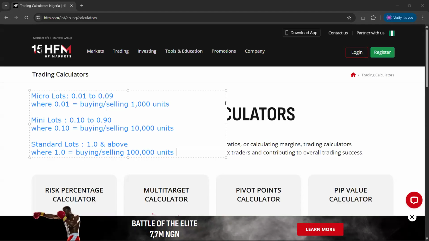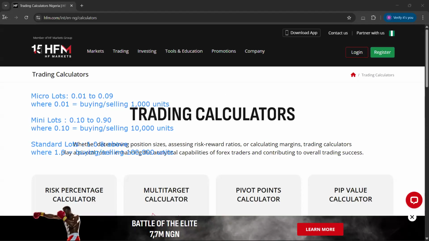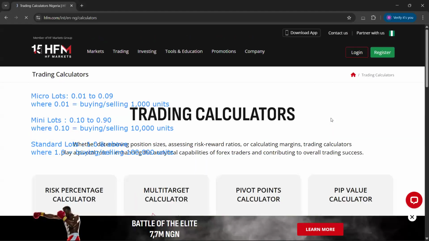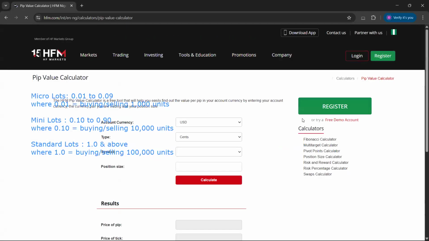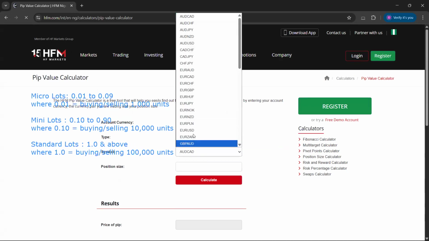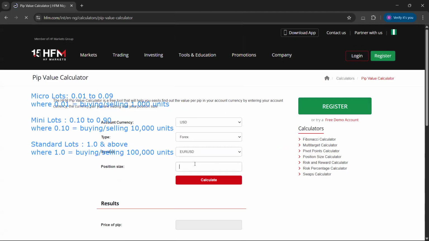And if you look at this particular calculator that we have on the company's website right here, the pip value calculator, it helps you to calculate how much you would be winning or losing on every instrument that you're trading in the market. For example, if I put in 0.01 here and I calculate this, 0.01 is offering me 10 cents for every movement in the market.